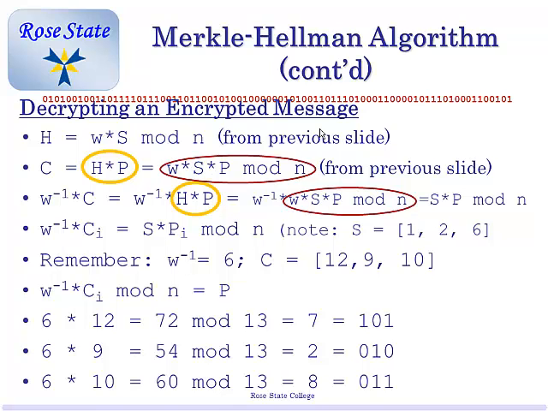What combination of the simple knapsack equals 7? 1, 0, 1. So the 1 and the 6. So when we do the second value, 6 times 9 is 54, mod 13, get 2. So what combination of the simple knapsack gives you 2? 0, 1, 0. Everybody see that?